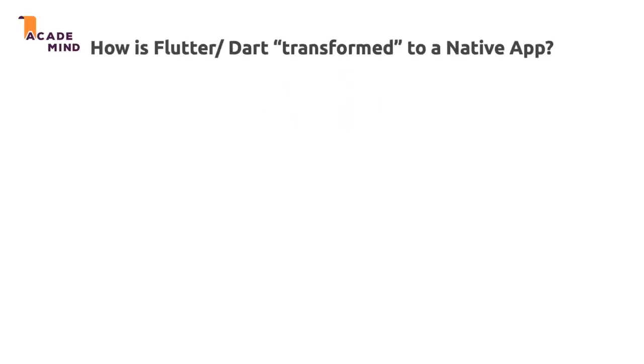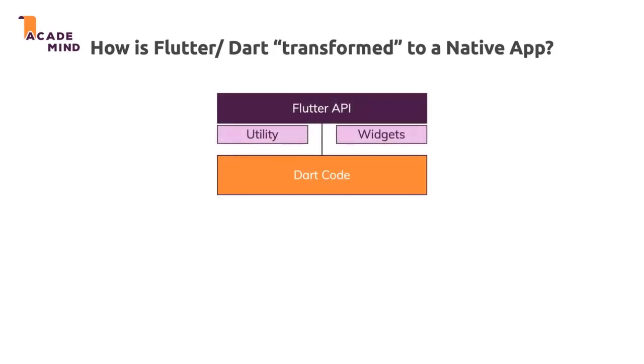Now, how does Flutter and Dart therefore then work internally? How is your Flutter app actually converted to a native app which can be published to the app stores? Well, you have your Dart code, which uses the Flutter framework, or the Flutter API as I call it here, which stands for Application Programming Interface. In the end, that just means that Flutter gives you a collection of functions, of widgets, which you can use in your code to build the interface you want to build.